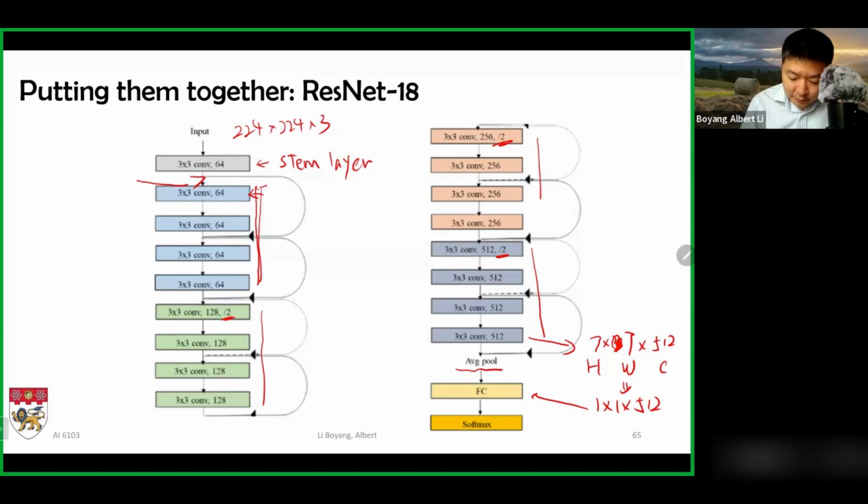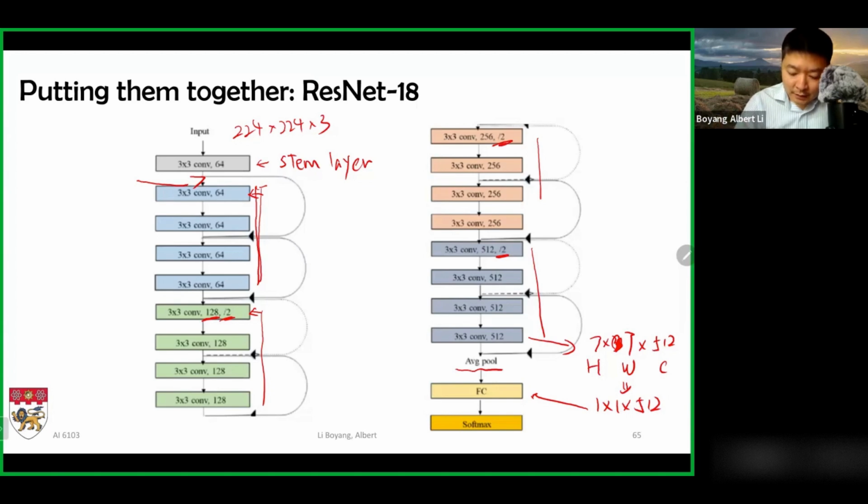Okay, but as we move to the next group, we will apply some downsampling, and we'll also increase the number of channels output by these convolution layers. So the rule of thumb is that we halve both height and width. So the spatial resolution becomes a quarter of the previous stage, and the number of channels doubles.